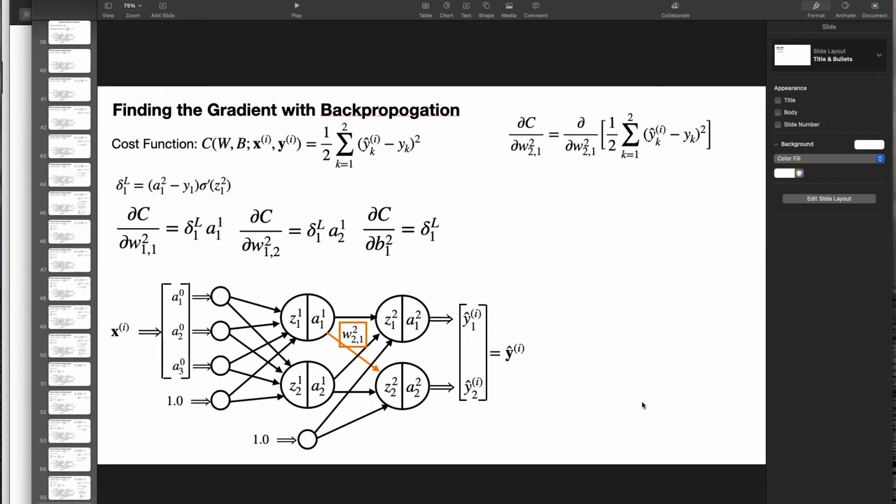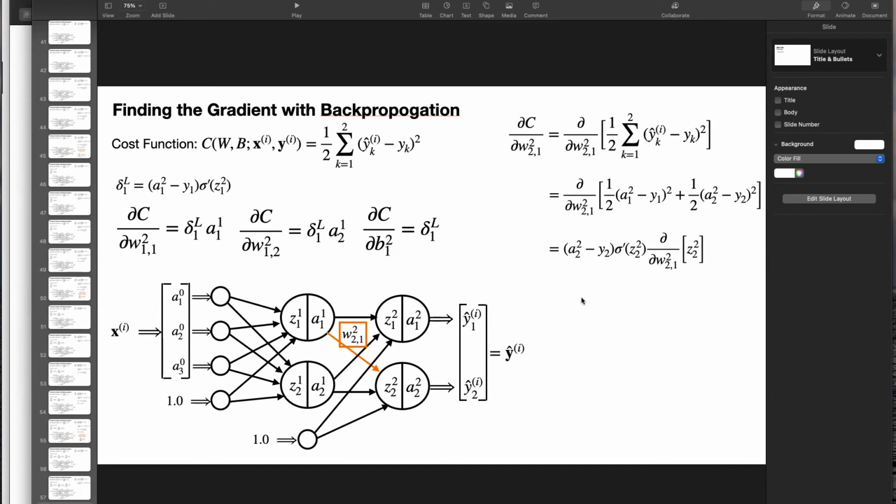Taking the partial with respect to W21, which piece matters? The piece with A2 now, because A1 is not a function of W21. So the first piece here is going to go to 0, and we're going to look at the second piece. As before, derivative of the outside times the derivative of the inside, and then again times the derivative of the inside.